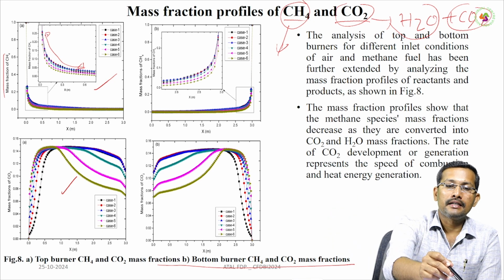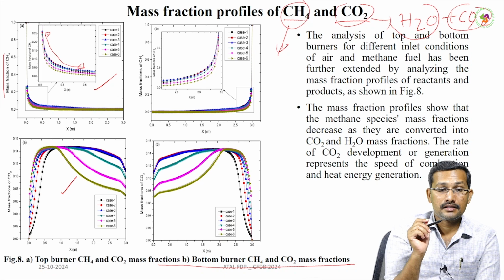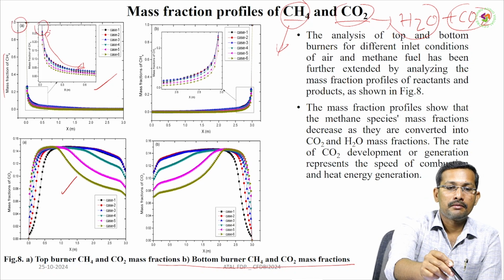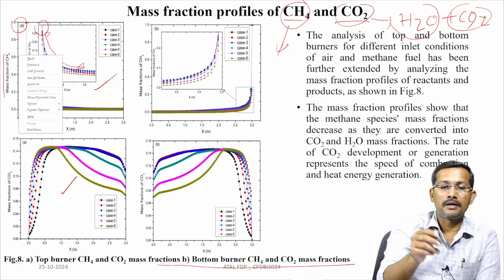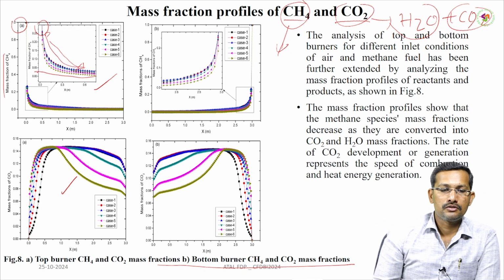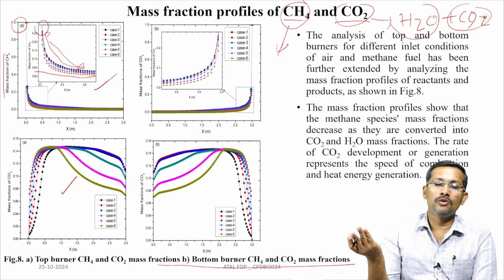At the burner inlet the mass fraction is 1, the highest value. But as you move far away from the burner, the mass fraction decreases, almost to 0.025 here. It indicates that the fuel is converted into CO2 and H2O.